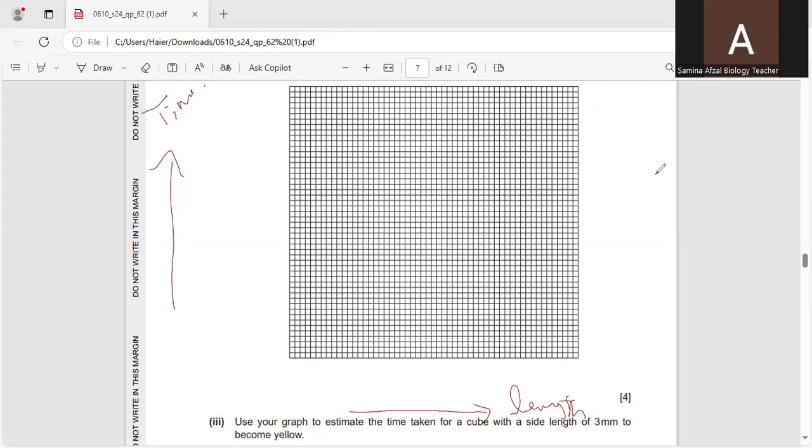First of all, we will write on the x-axis: 1, 2, 3, 4, 5, 6, 7, 8, 9, 10. So it will be equal to 2.